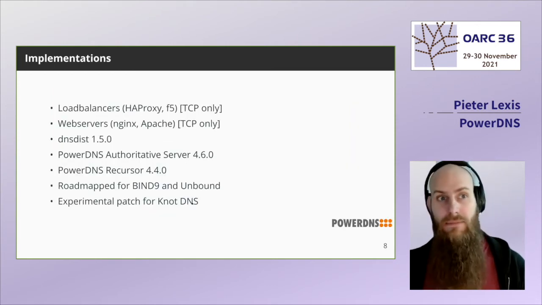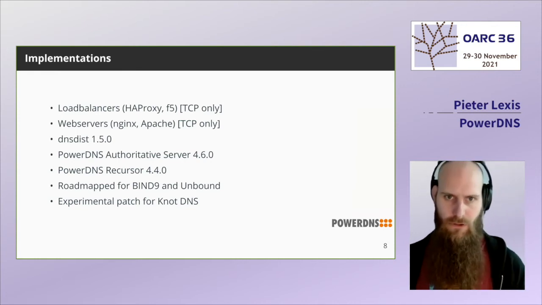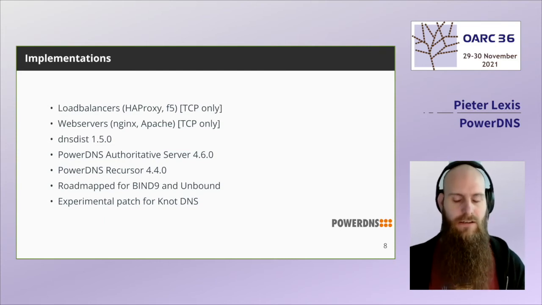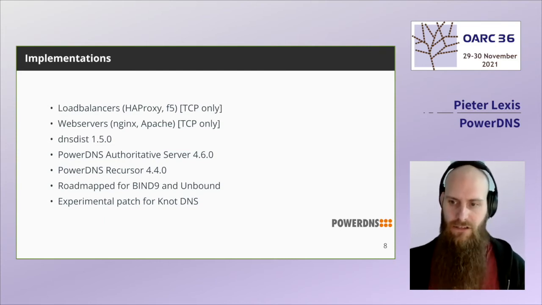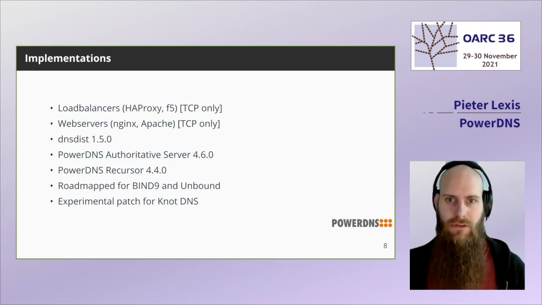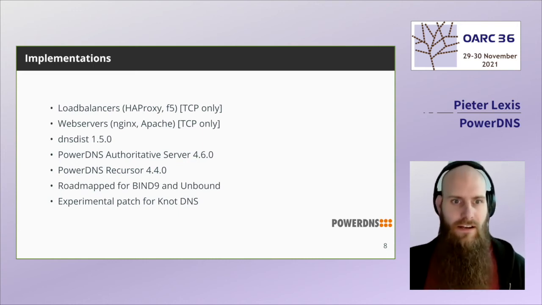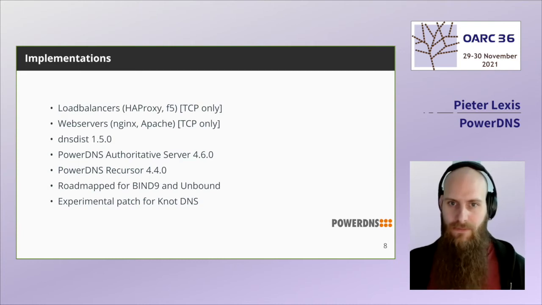There are many implementations of the proxy v2 protocol already. Many load balancers, also open source ones like HAProxy, support it. Actually, this protocol originated at HAProxy, although they do TCP only, whereas we also do UDP, of course. There are a bunch of web servers like Nginx and Apache that also support it, but only for TCP.